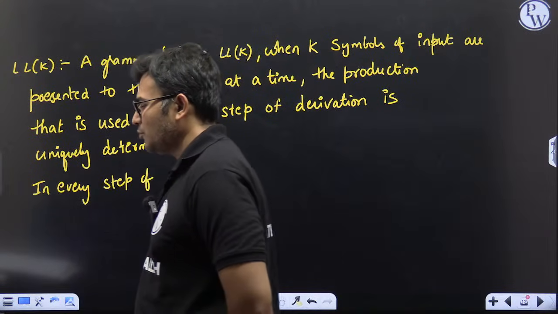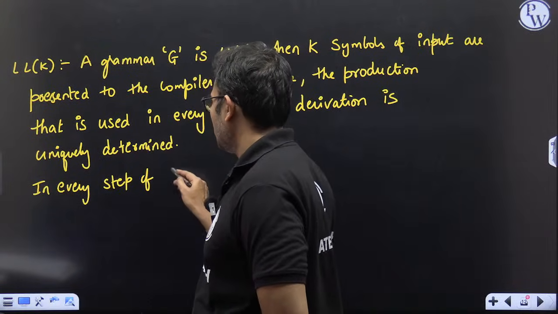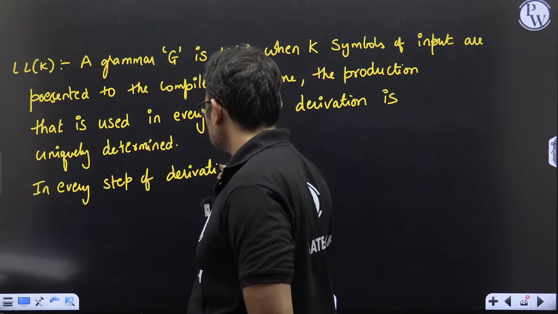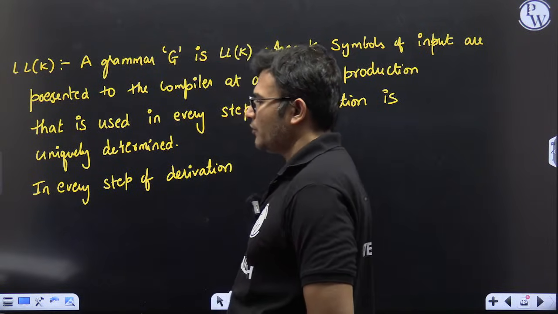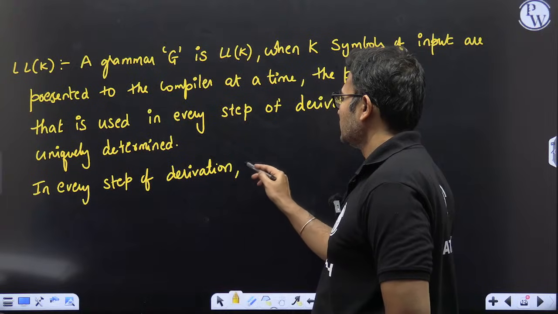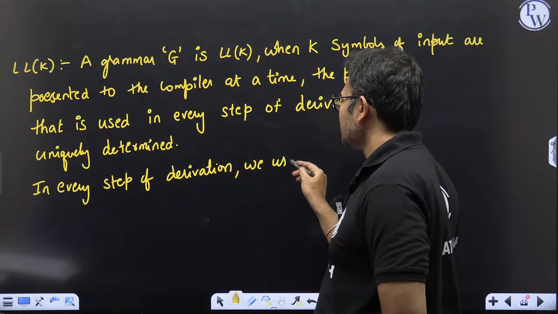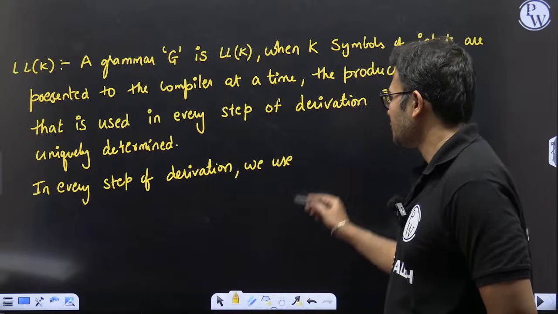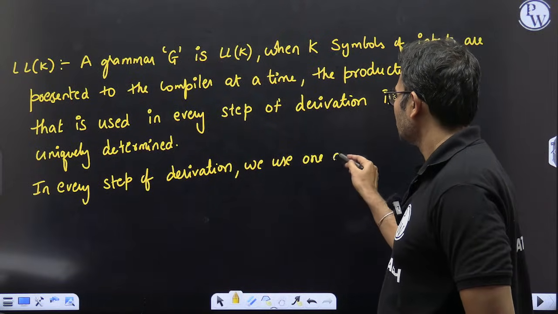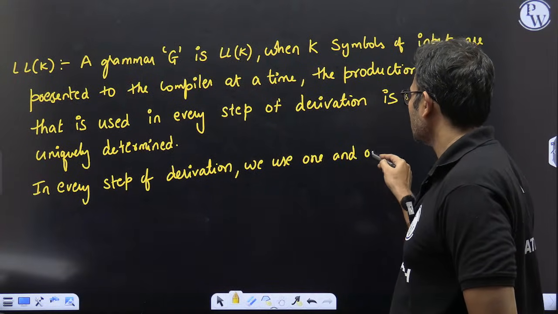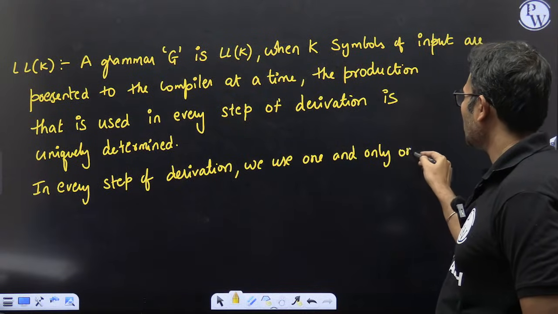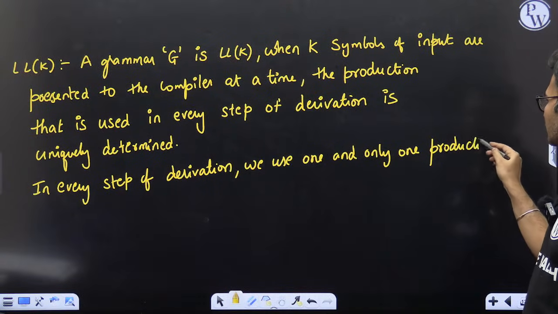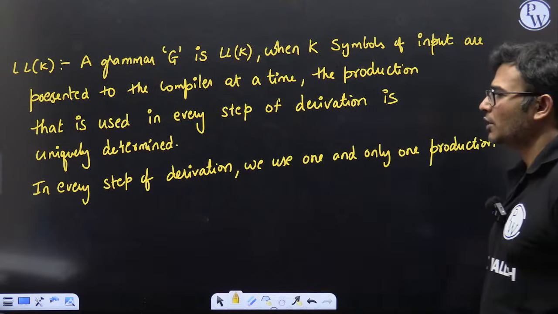In every step of derivation, we use one and only one production.